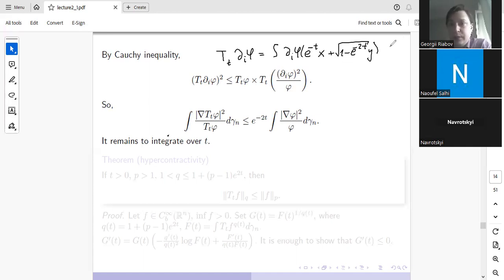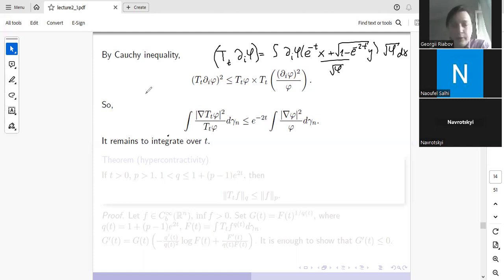So let's multiply this by root of phi and divide by root of phi, and apply the Cauchy inequality. So the square of this function will be less than the product of Tt phi and Tt of the ratio, the derivative of phi squared over phi.